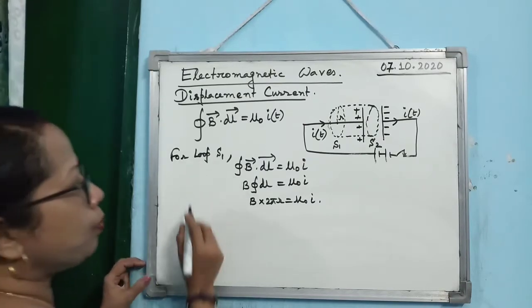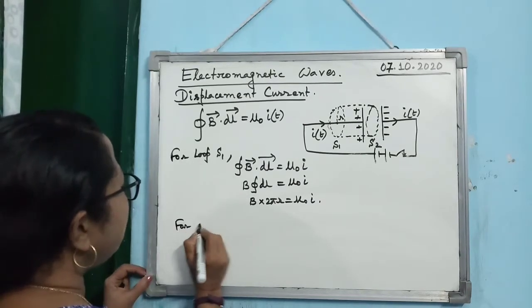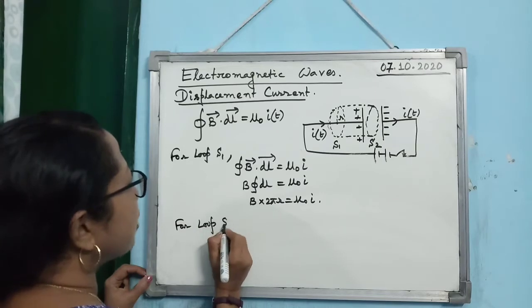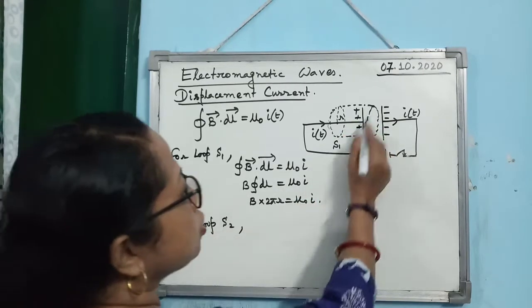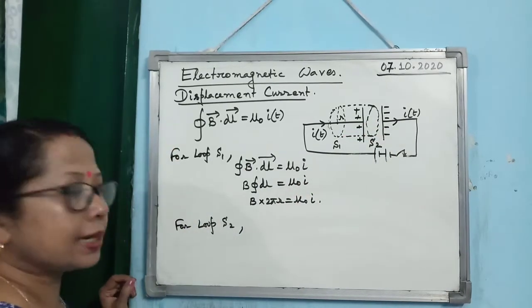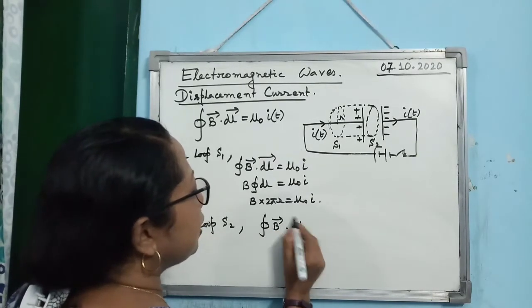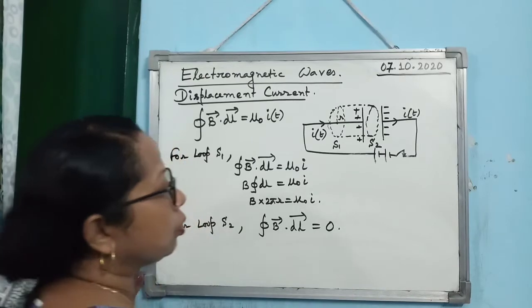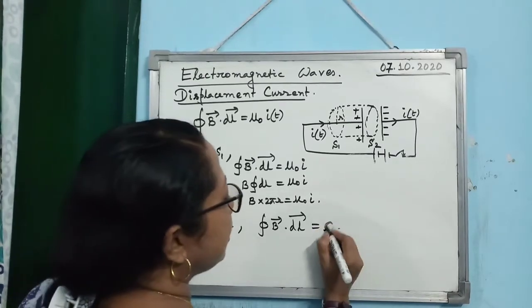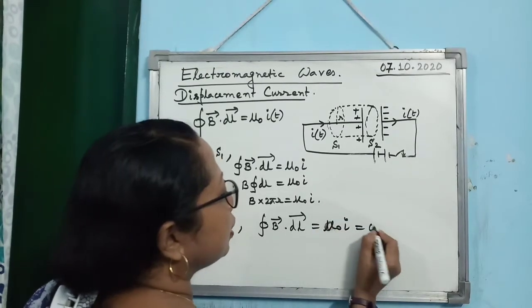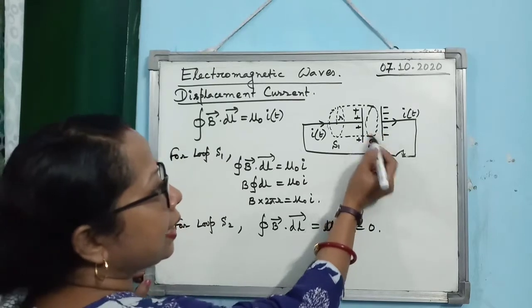Now for loop S2, if you apply Ampere's circuital law, what are you getting? Integration B dot dl is equal to mu 0 I equal to 0. Why? Is there any current here?